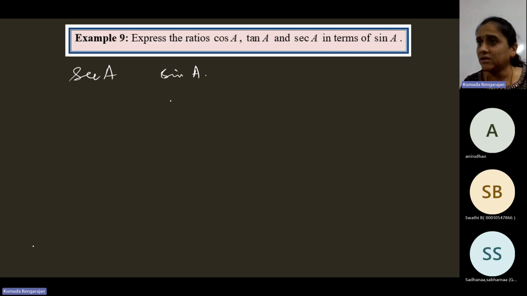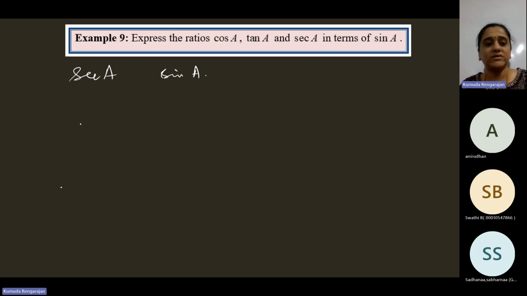We write an identity or any relation that connects these two ratios or their reciprocals. So we need to write something that connects secant and sine. But you can also write something that connects cos and sine, because cos is the reciprocal of secant, right?